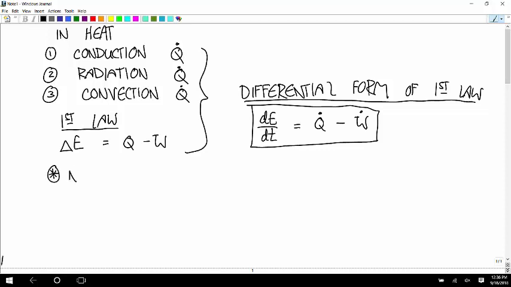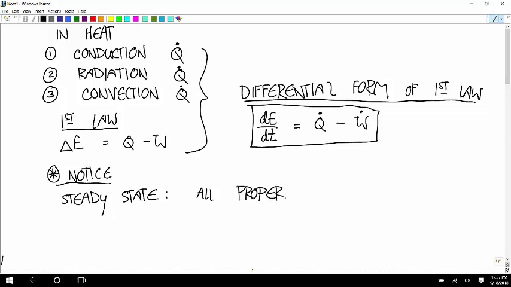And one thing that we're going to use a lot is steady state. That means all properties of the system stay the same.